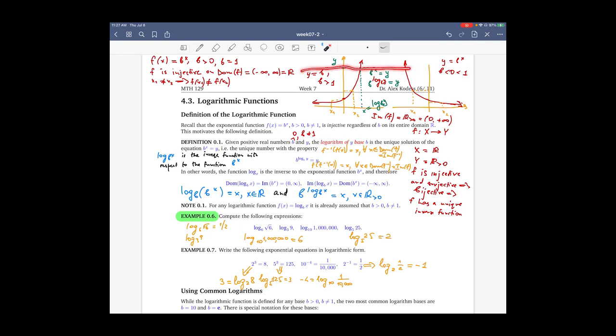For every positive y, there is a unique number that the base b needs to be raised to result in y.